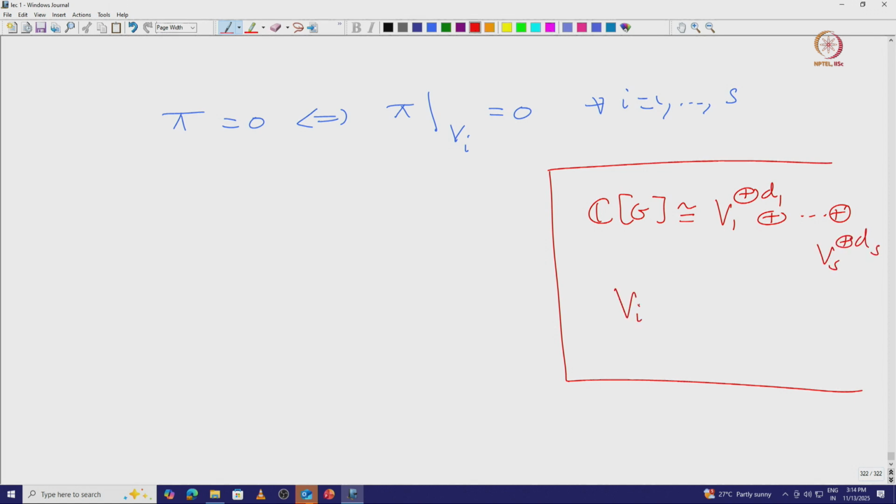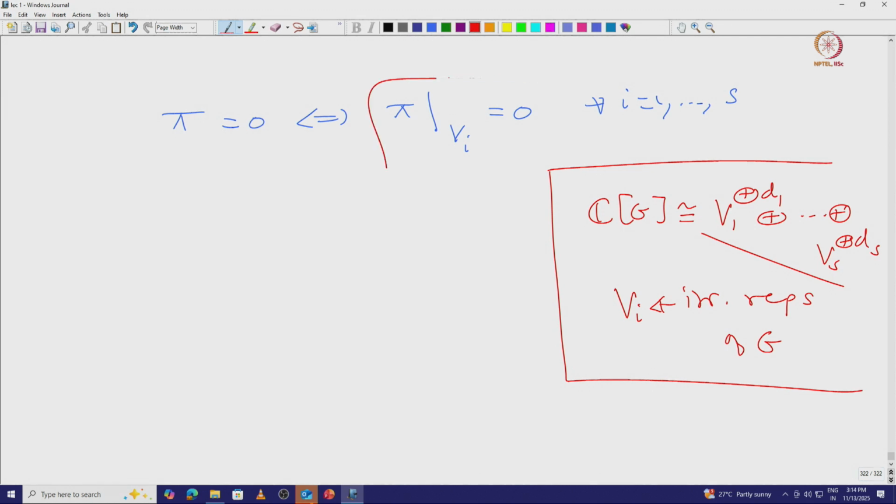Here these Vi's are all inequivalent irreducible representations of G. This is the advantage of having this G action on C G. If you want to prove some operator is 0 on C G, then you just prove that it is 0 on the individual components that appear in the direct sum.